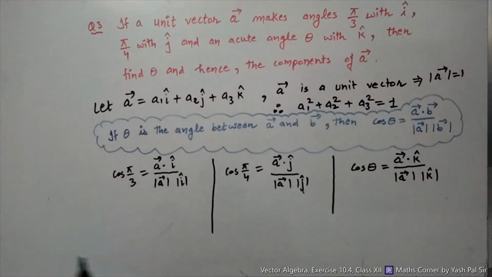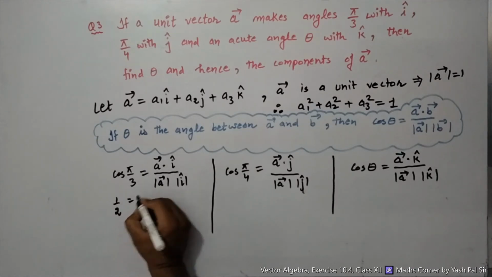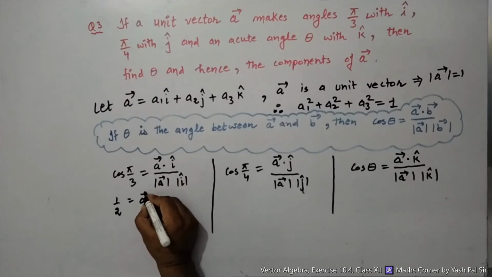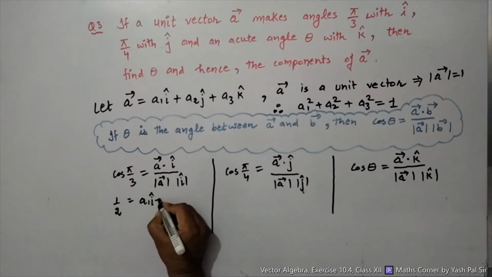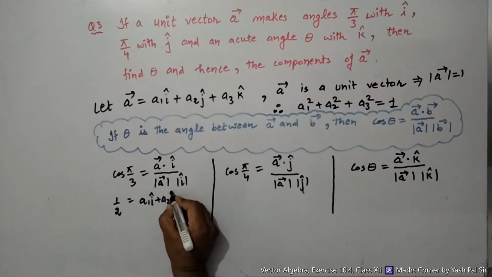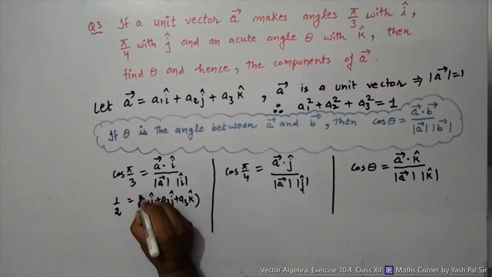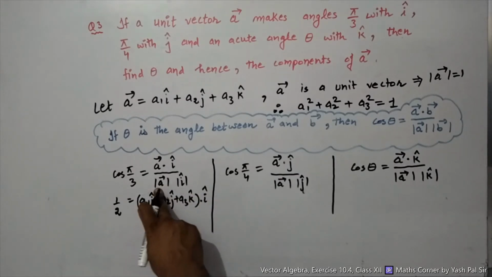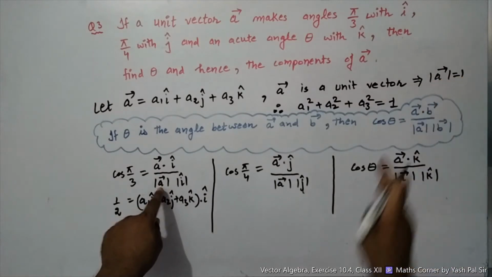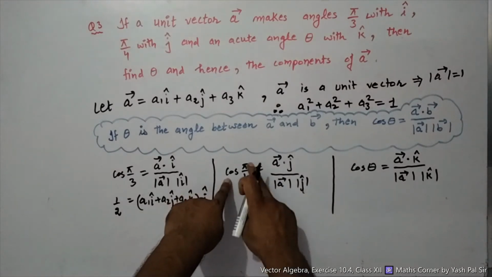Right? Now writing here, cos pi by 3, the value is 1 upon 2, is equal to vector A, which is a1 i plus a2 j plus a3 k, dot product with i, divided by magnitude of A, which is the unit vector so its value is 1, and i itself is a unit vector, so its value is also 1.